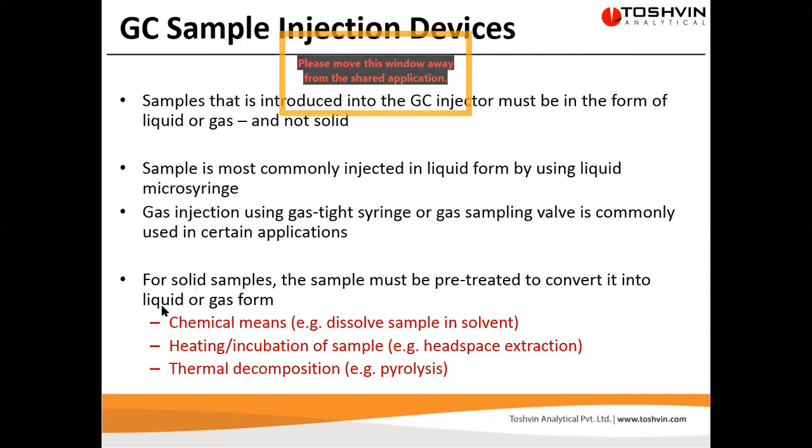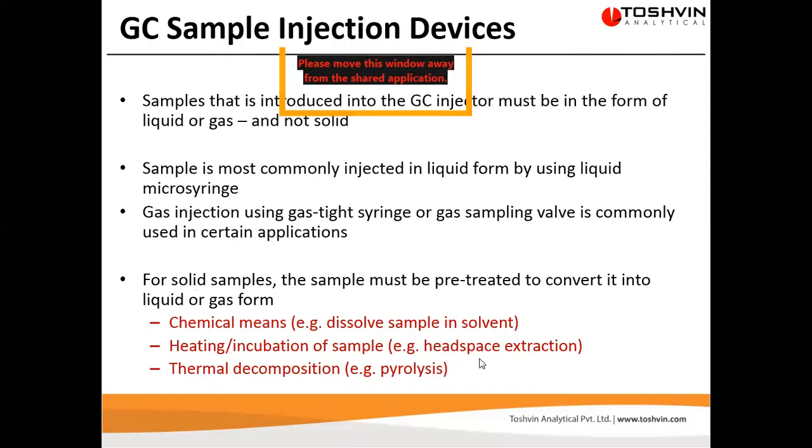For solid samples, the sample must be pre-treated to convert it into liquid or gas form. How can we convert a solid into liquid? By dissolving it in a suitable solvent, that is by chemical means, or the other two options: by heating or incubation of the sample, which is called headspace extraction, and the third option is thermal desorption.